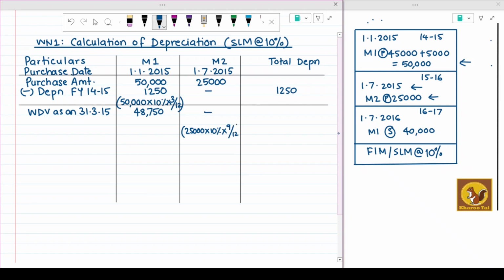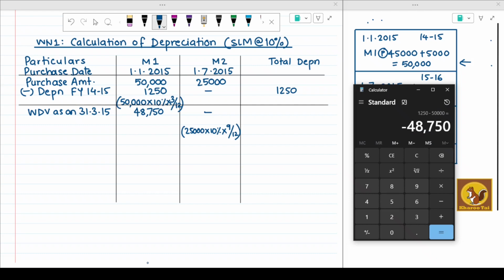So 9 divided by 12, let's do the working. 25,000 into 10% will be 2,500 into 9 divided by 12, that will be 1875. 1875 will be deducted from 25,000, it will be 23,125.